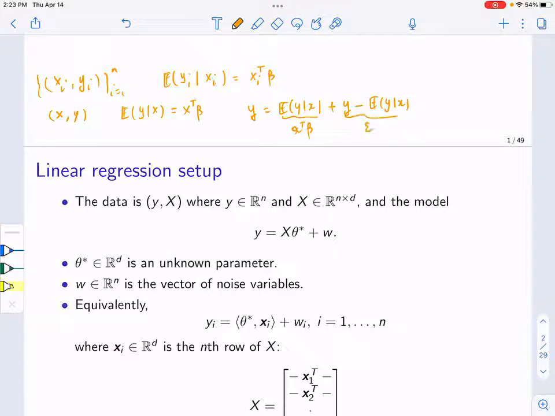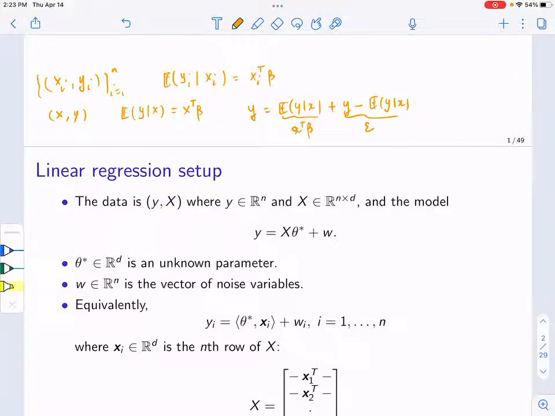And I'm going to call this epsilon. This is some error. In this formulation, it's fairly general. Epsilon is going to be uncorrelated with this, if you recall the projection model, and this will have mean 0.